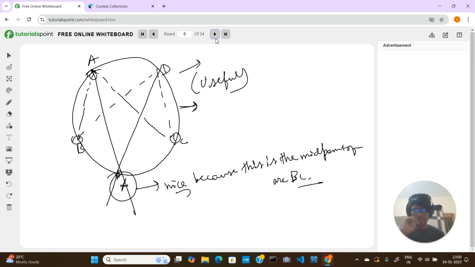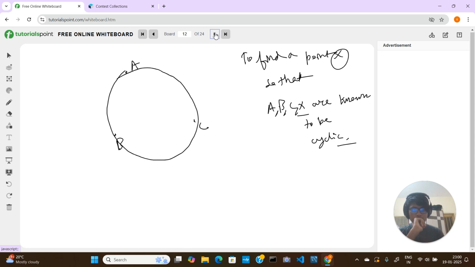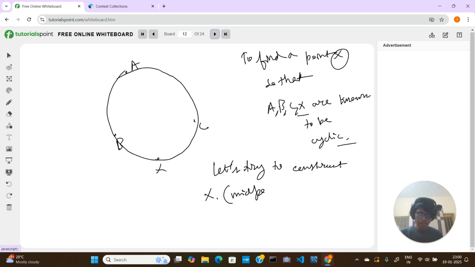So let's just target this. Let's try to construct X, which is basically the midpoint of arc BC, so that we can construct the circumcenter of ABCX using lemma 2.